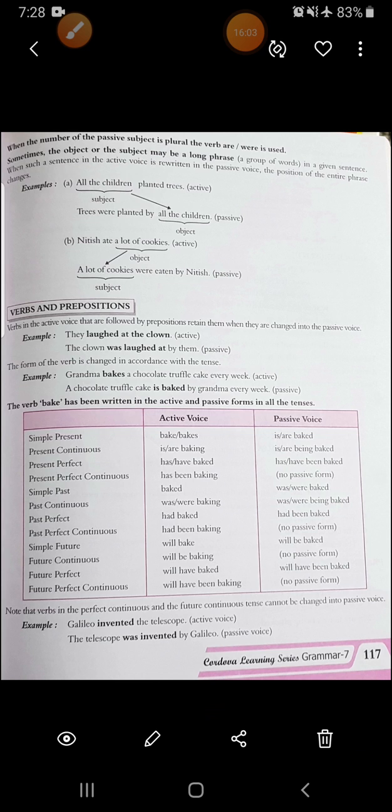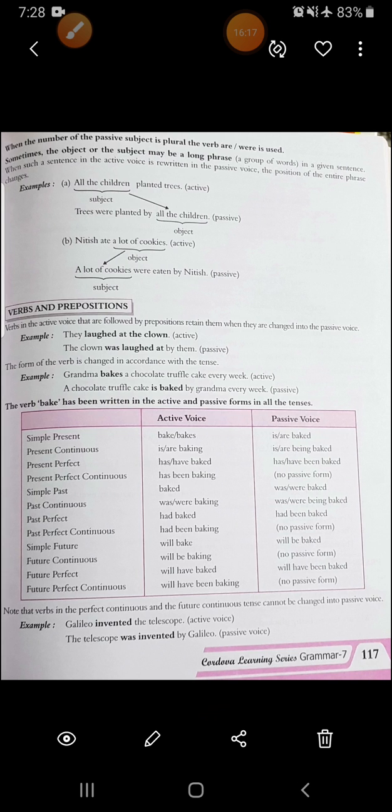If it has to be changed into passive voice, it will be is or are being baked. In all the continuous forms, being is used. The perfect continuous tense of all the three tenses doesn't exist, meaning they don't have any passive voice, and future continuous also has no passive voice.